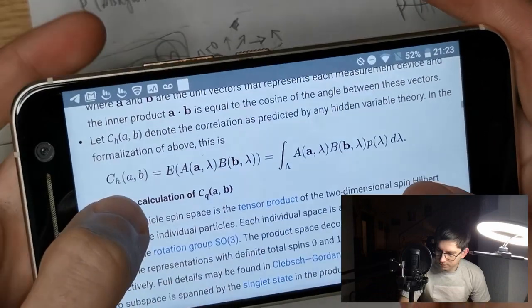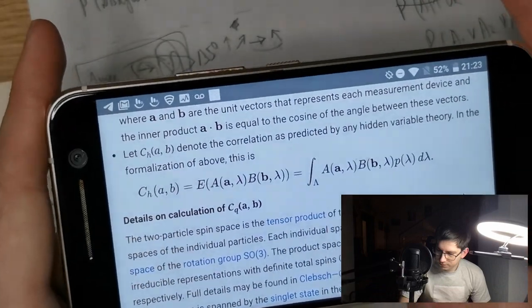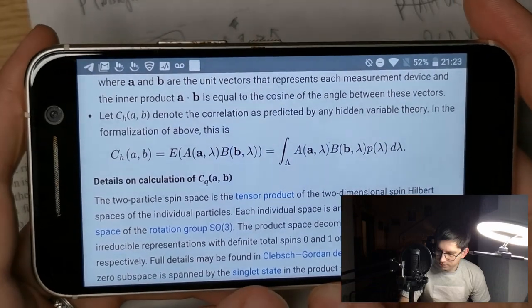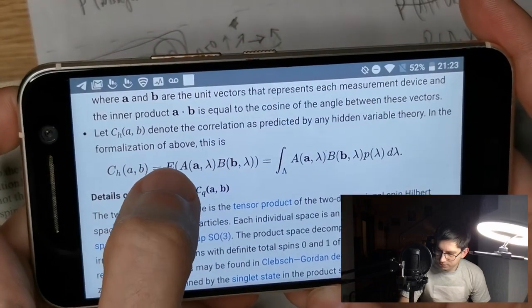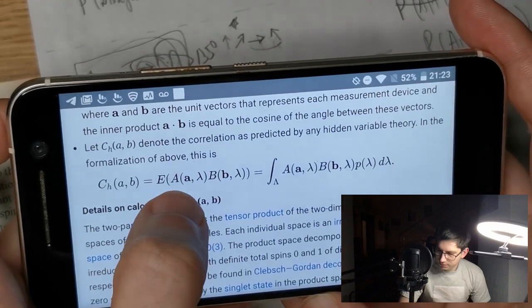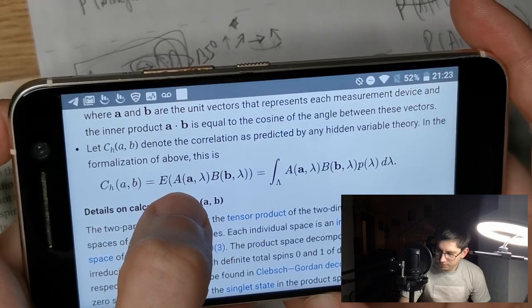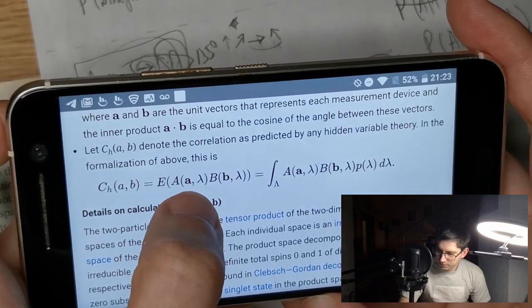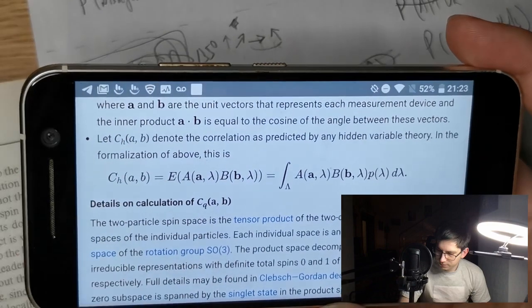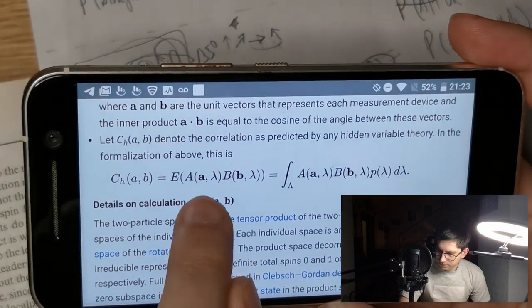Yeah, so you can see here's the exact thing I was talking about. So basically the thing which is called correlation here is the expectation value of the product of two random variables, depending on some hidden set of lambdas here.